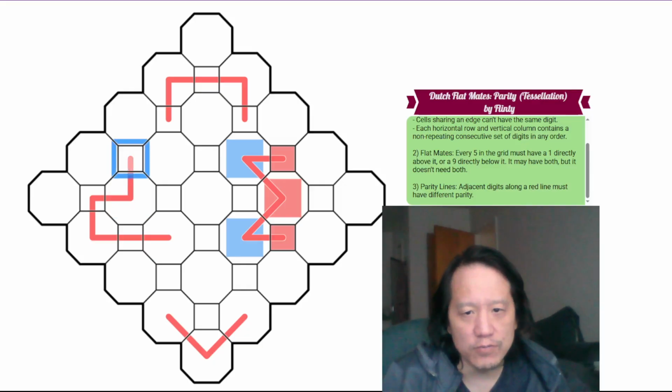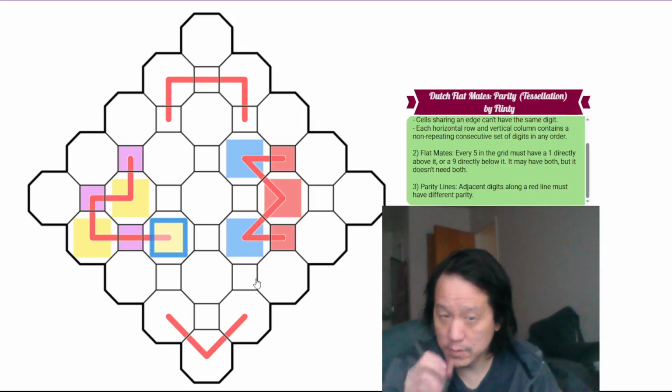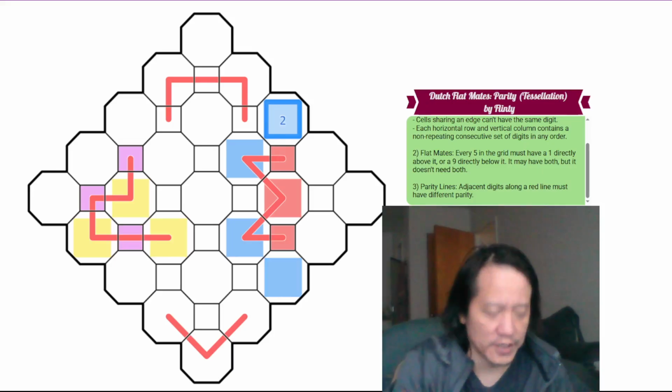So we're going to make these different sets. So this is pink, yellow, pink, yellow, pink, and yellow. Okay. Therefore, these must be even here. So this is 2, 4, 6, or 8 here, right?